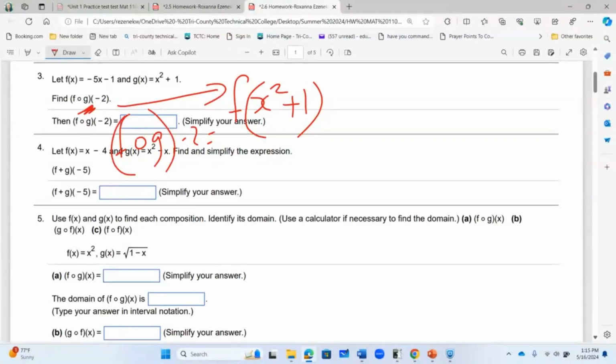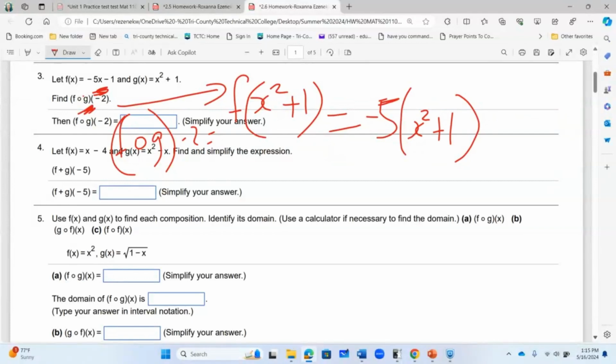And that means wherever I see x in f, I'm going to bring down the value of f. This is -5x. You see, I see x here, so I'll put G there. And what is G? X squared plus 1.